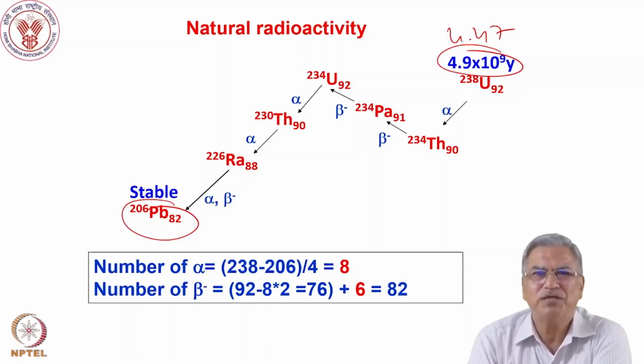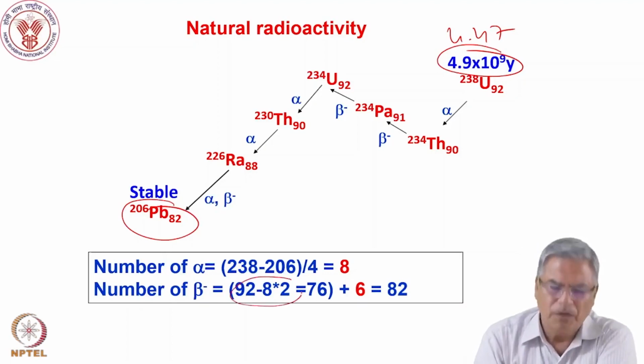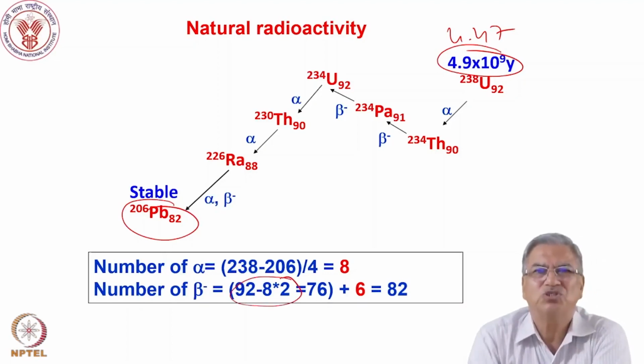So how to calculate now the betas? The 8 alphas will decrease the atomic number by 8 into 2, that is 16. So from 92, we get 76 by alpha decay. If there were no beta decay, then we should have got atomic number 76, but we get 82.